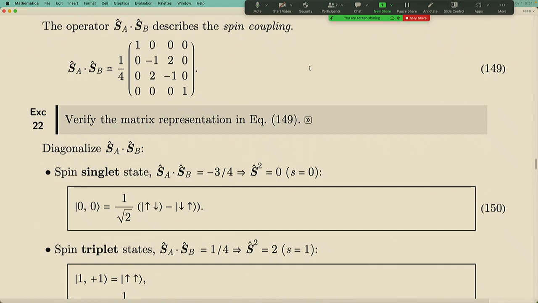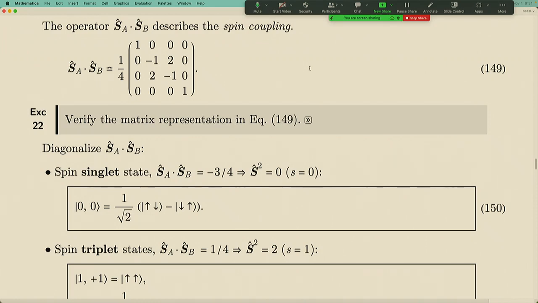For example, the SA squared matrix is really trivial. In this basis it looks like 3/4 times the identity, with 1, 1, 1, 1 on the diagonal.